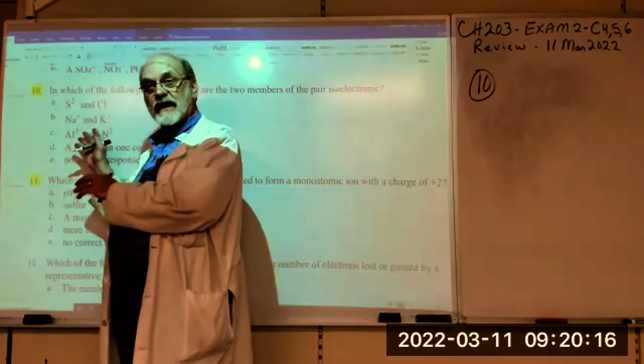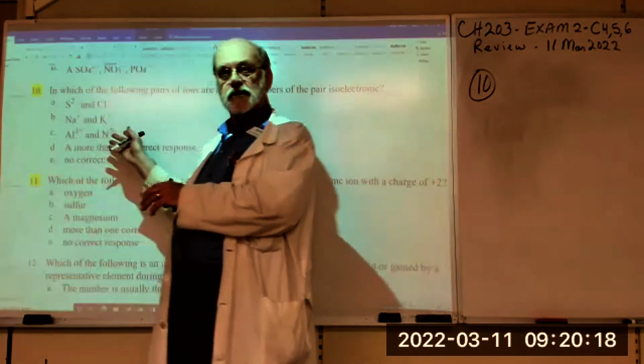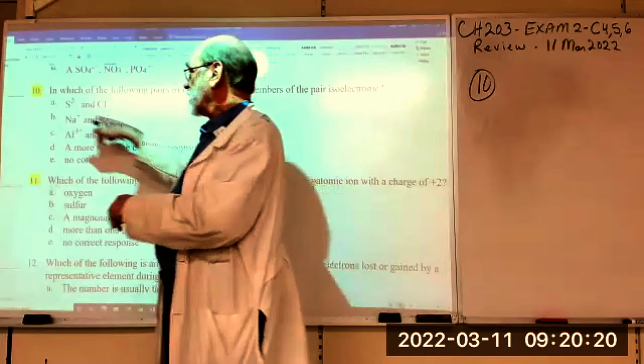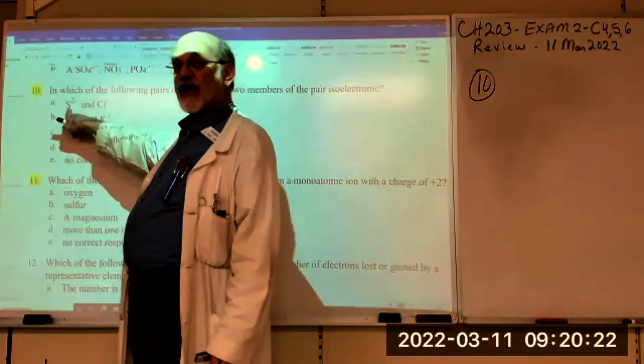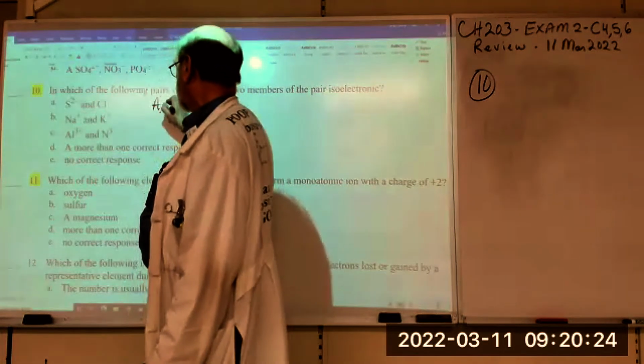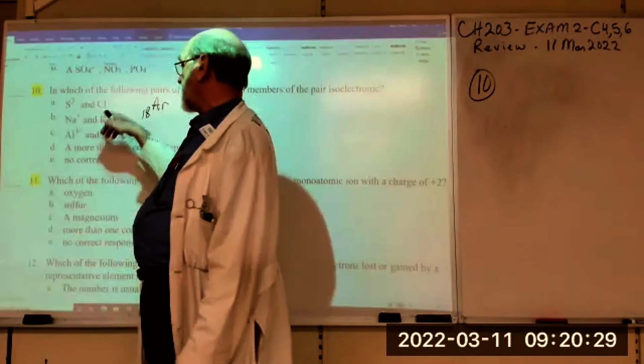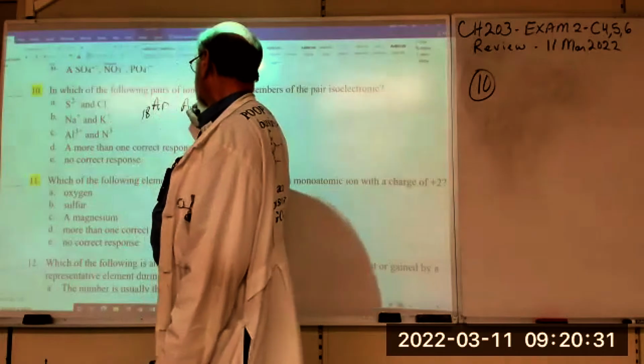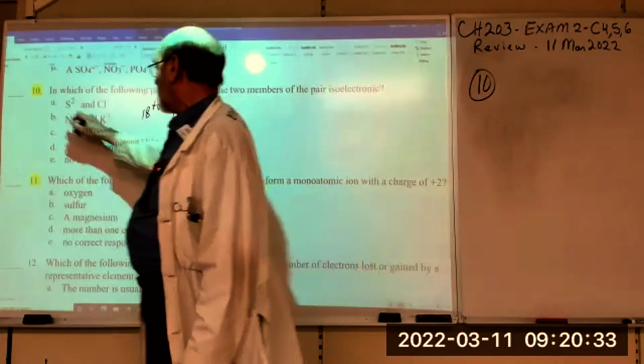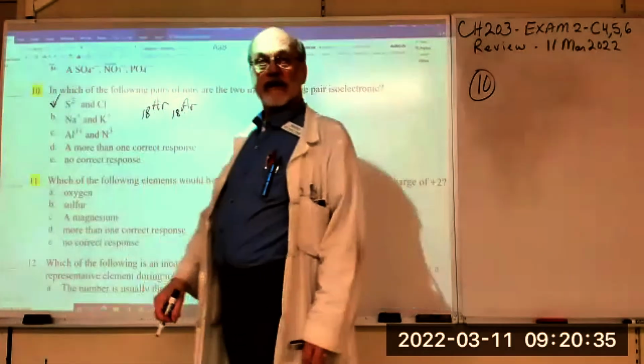Because they're trying to look like a noble gas. Okay. So sulfur with 2 minuses is going to look like argon. How about chlorine? Chlorine's got a minus. It's trying to look like argon too. So that one is isoelectronic.